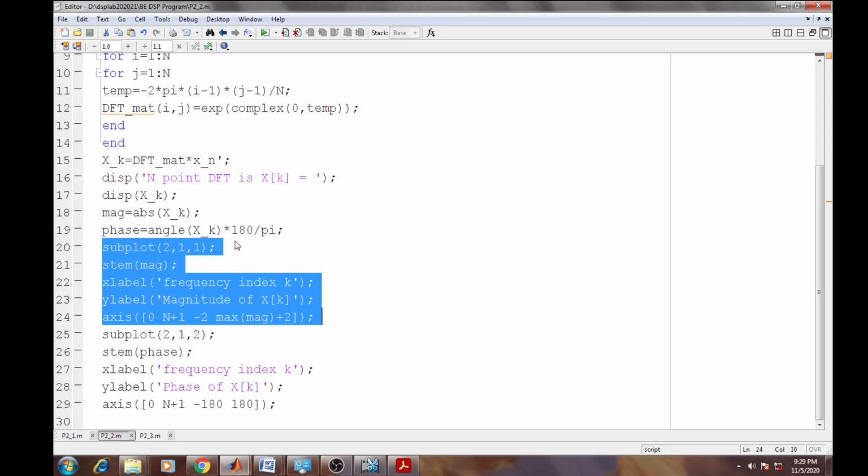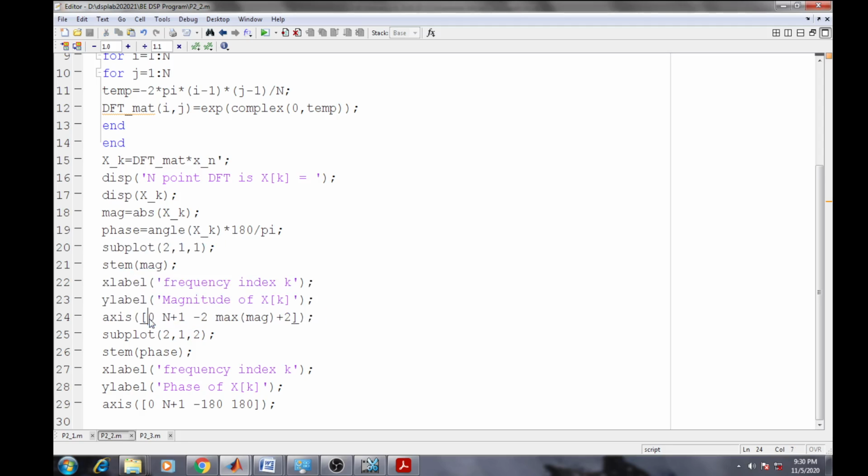Axis defines the screen size, the graph size, whatever x1, x2, y1, y2 limits are given. So here 0 up to n plus 1, minus 2 up to max(mag) plus 2.